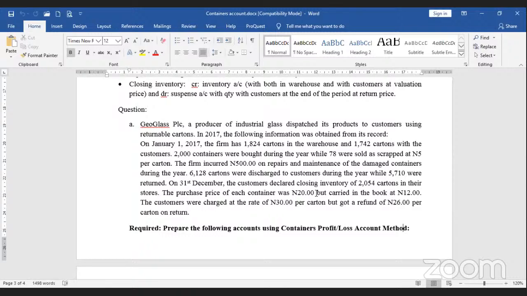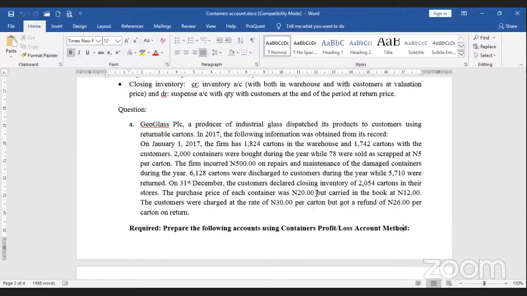In 2017, the following information was obtained from its record. On January 1st, 2017, the firm has 1,824 cartons in the warehouse and 1,142 cartons with the customers. Can you see? No matter any question the examiner is going to ask you, that is how it will follow.